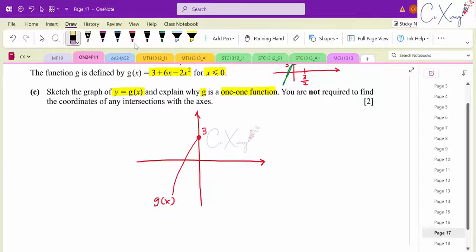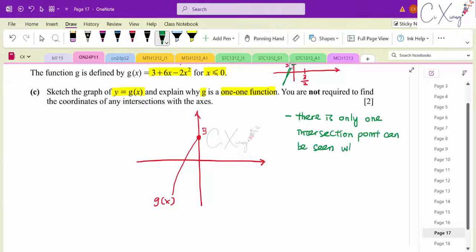So you can explain it in a simple way: there's only one intersection point when we apply the horizontal line test.